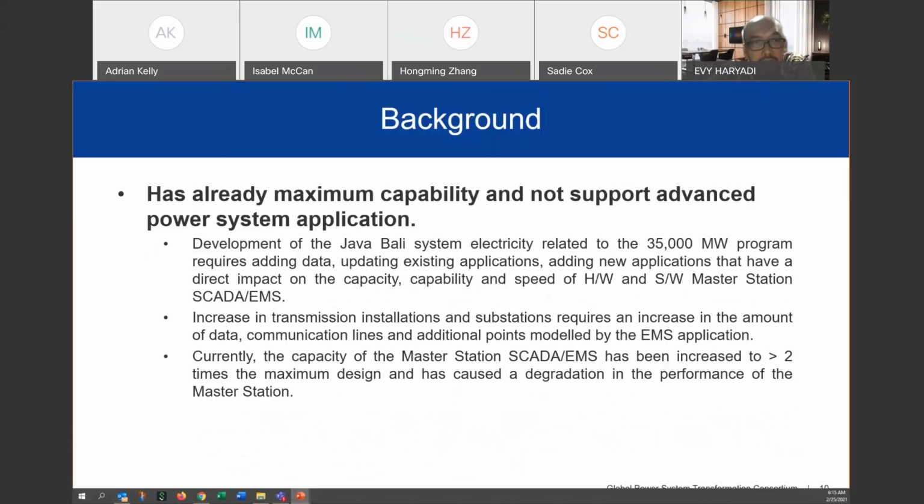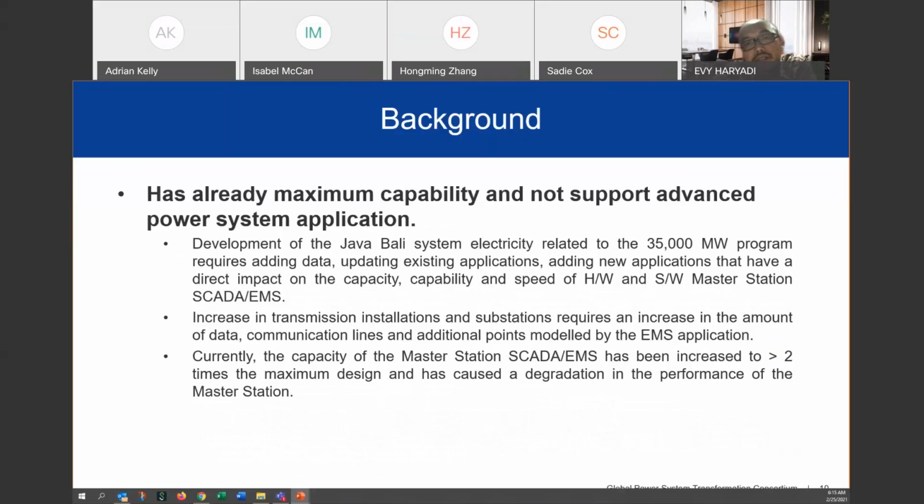Another problem is that we have already reached the maximum capability of the Spectrum 4.6 software in Indonesia, because we are still a growing country, with electricity growth still around 4 or 5% a year.